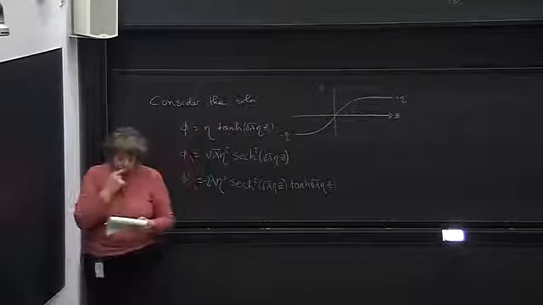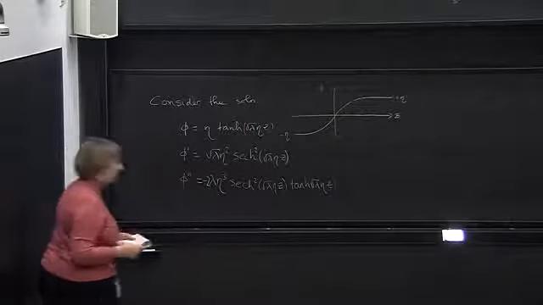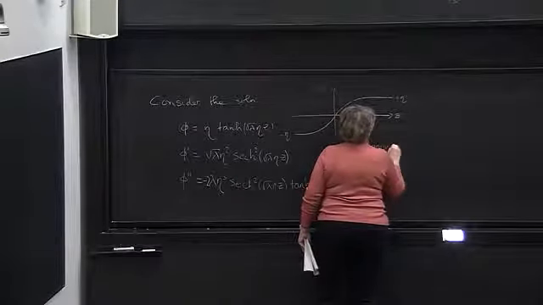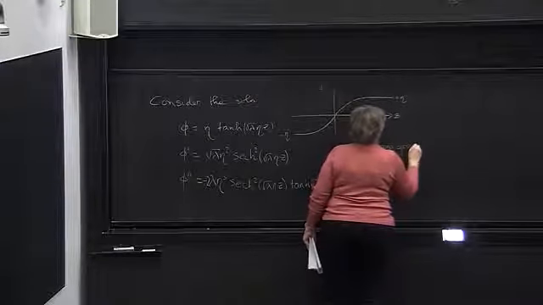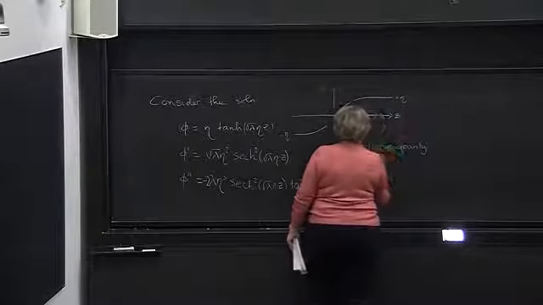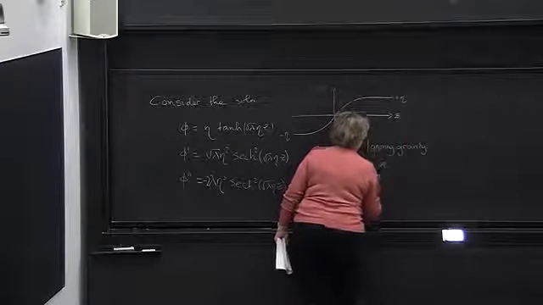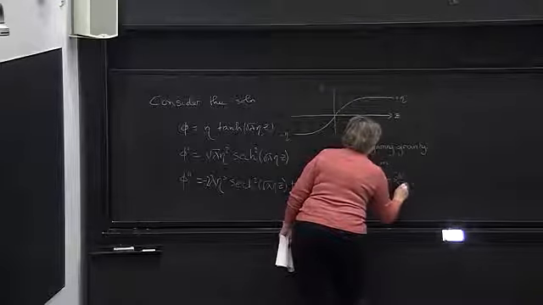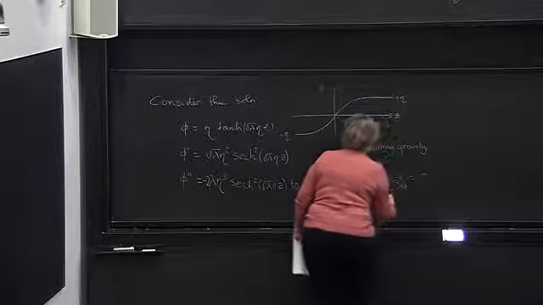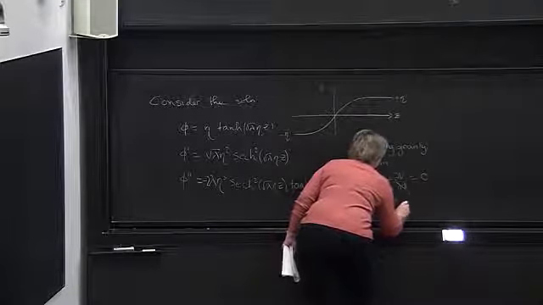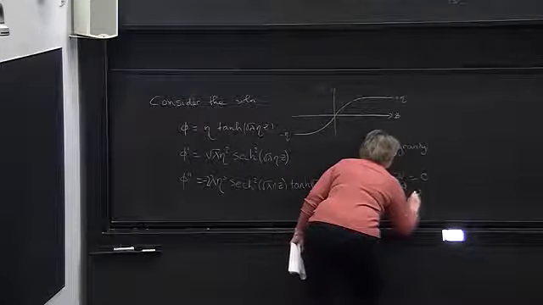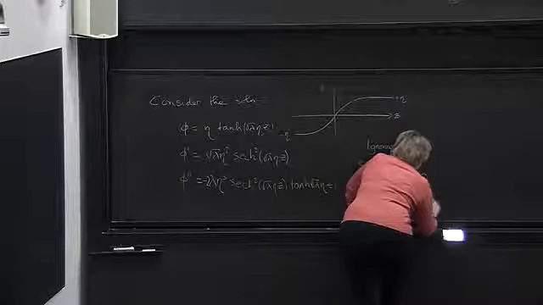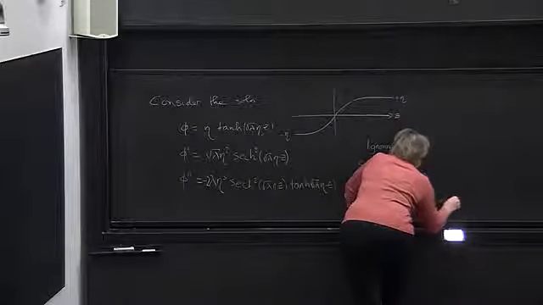So, if for the moment I ignore gravity, my equation of motion is box phi plus dV/d phi equals 0, which tells me minus phi double primed plus 2 lambda phi times (phi squared minus eta squared) equals 0.